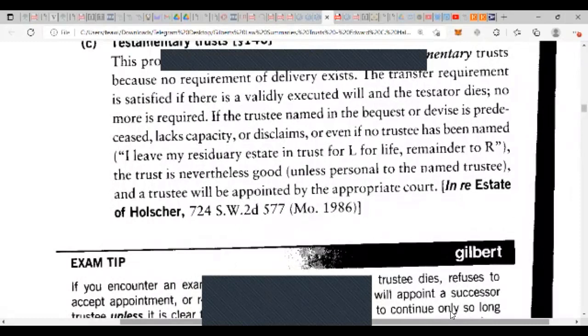If the trustee named in the bequest or devise predeceases, lacks capacity, or disclaims, or even if no trustee has been named, "I leave my residuary estate in trust for L for life, remainder to R," the trust is nevertheless good unless personal to the named trustee, and a trustee will be appointed by the appropriate court. In re estate of Hosher, Missouri, 1986.